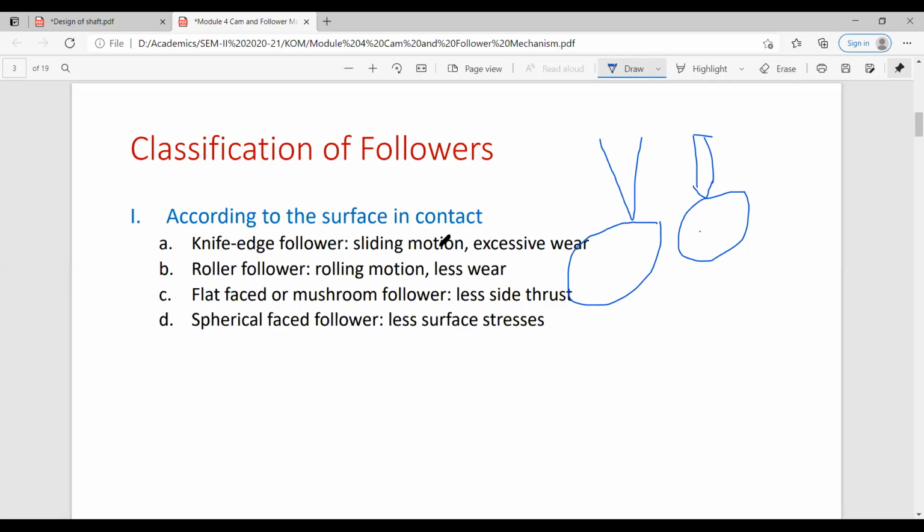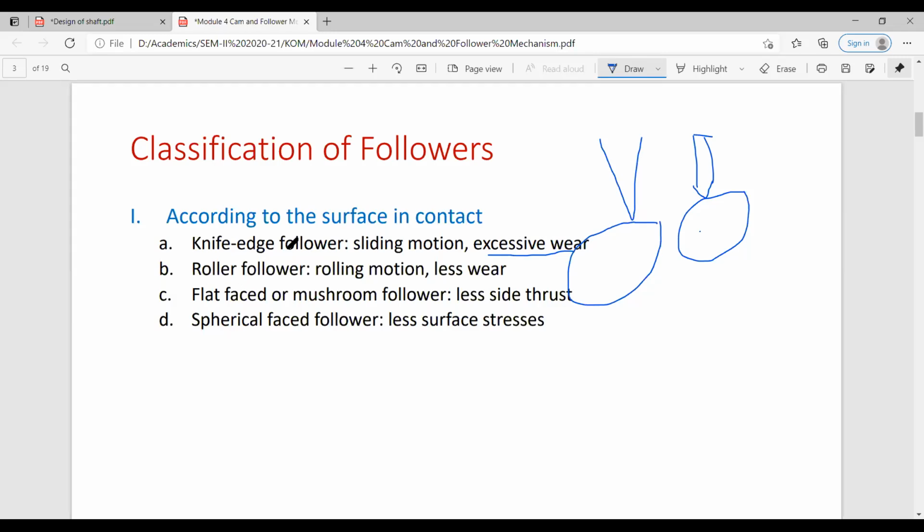So in this case, what happens? Sliding motion takes place between follower and cam. Because of sliding motion, excessive wear happens of cam and follower. Mostly the follower will wear because we would like to replace it, but the cam is made hard.